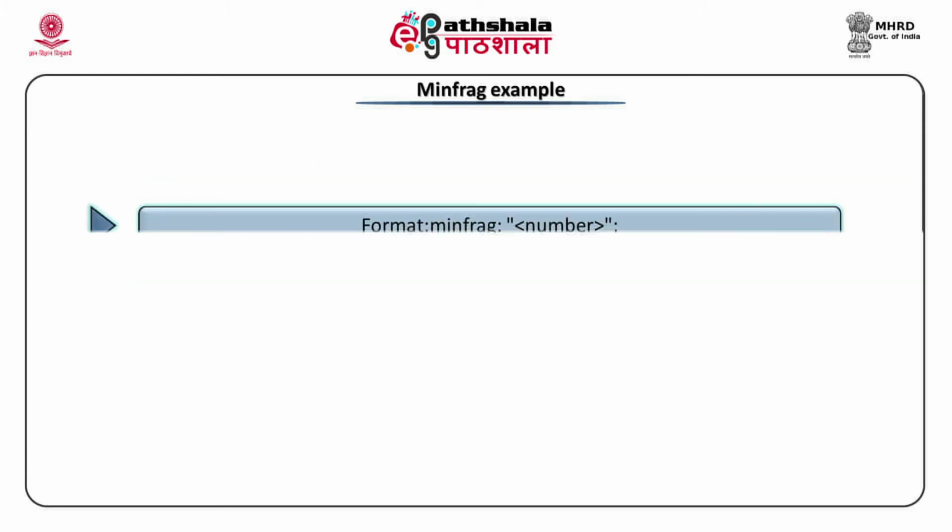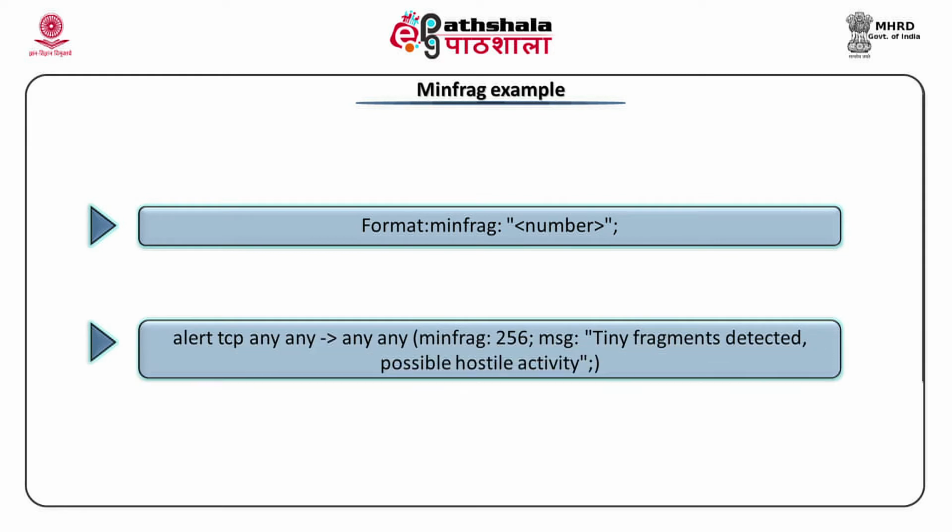It sets the boundary for the minimum fragmentation size that is acceptable on a network segment. Why is this helpful? Because if an attacker fragments the packet into small tiny pieces and transmits it to use up the bandwidth, then this can identify that the minimum fragment size should be this, tiny pieces are not acceptable.